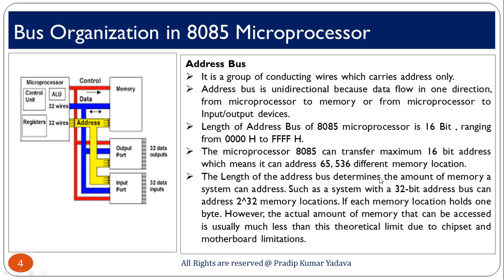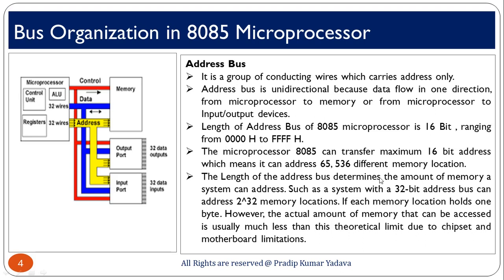If you want to calculate how many memory locations are allocated regarding the address, there is a common formula. If you are talking about a 16-bit address bus, then you write 2 power 16. If you are talking about a 32-bit address bus, then you do 2 power of 32.